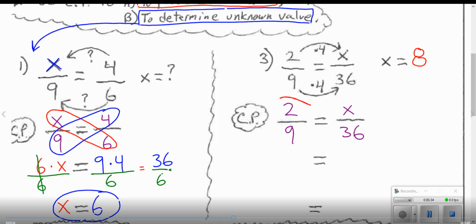So I'll have 2 times 36, and I have 9 times x, or x times 9. I'm going to put the 9x on the left side, and then I'll put the 2 times 36 on the right side.